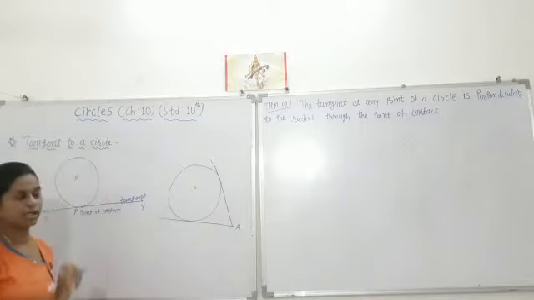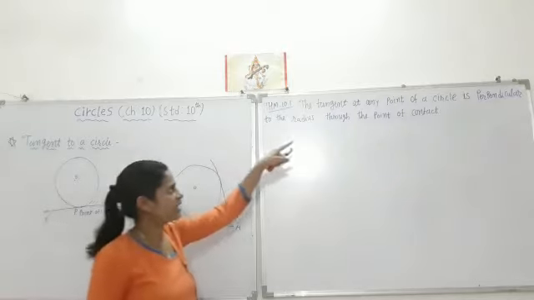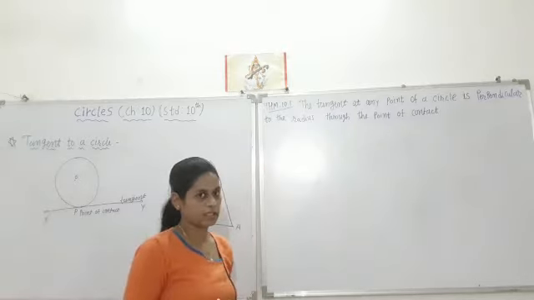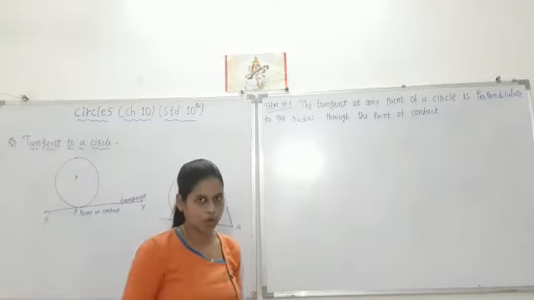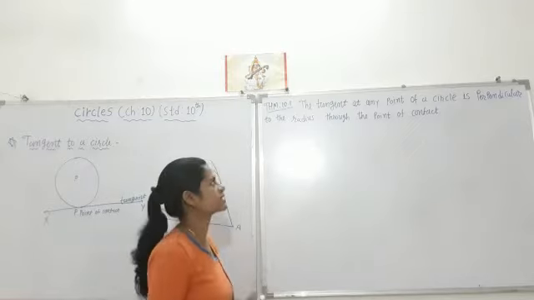We consider Theorem 10.1 based on this tangent. The tangent at any point of a circle is perpendicular to the radius through the point of contact. First we understand its statement.